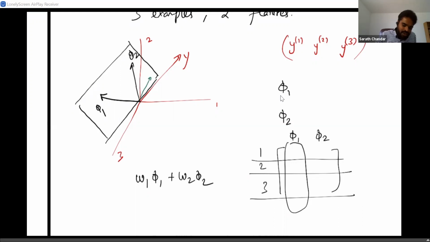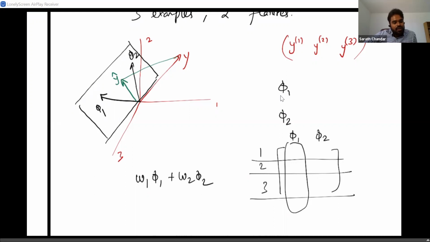This could be one possible y hat, this could be one possible y hat, and so on. Now which is the closest possible y hat to this y? It is basically the orthogonal projection. So you project this, maybe my pictures are bad, and you get a y hat here.